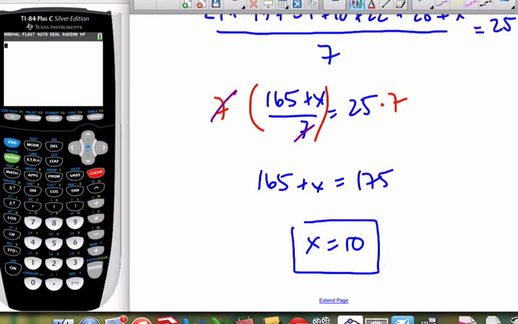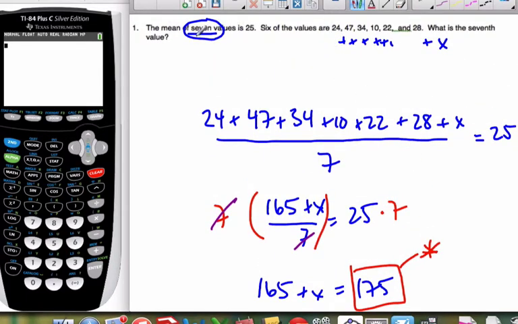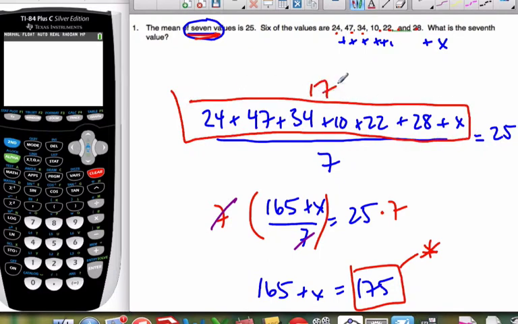But before I move on, this value here, 175, that's an important number. The reason why that's important is this is the number that when I add up all 7 of these numbers, so 24, 47, 37, and so on, I get the total on the top. This whole top equals 175.